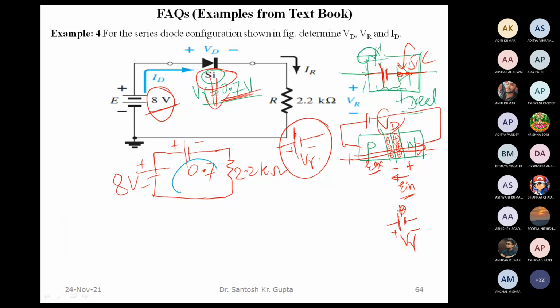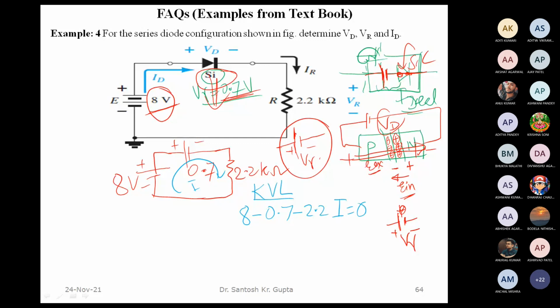So current will flow in this direction. One can apply KVL and write 8 minus 0.7 minus 2.2 times I is equal to 0.